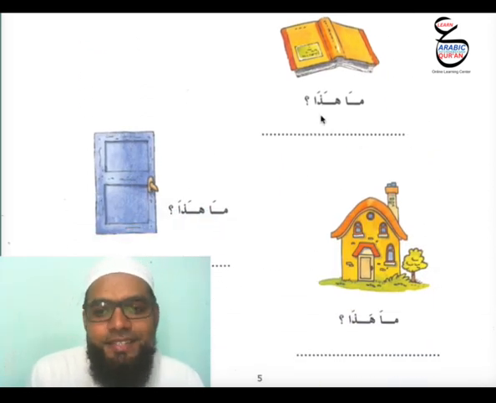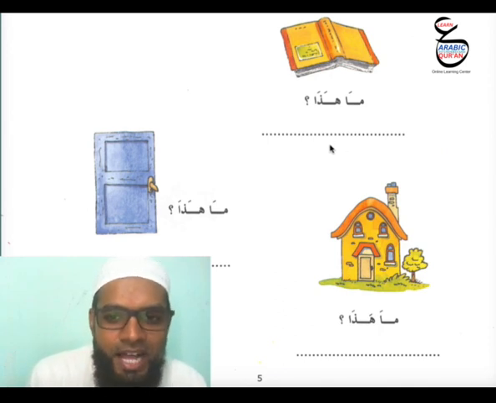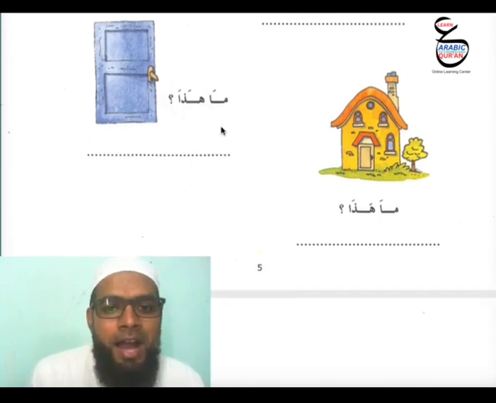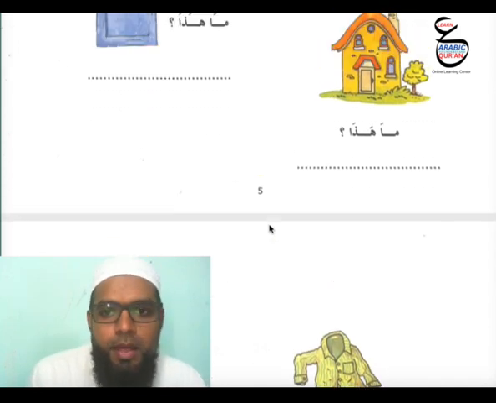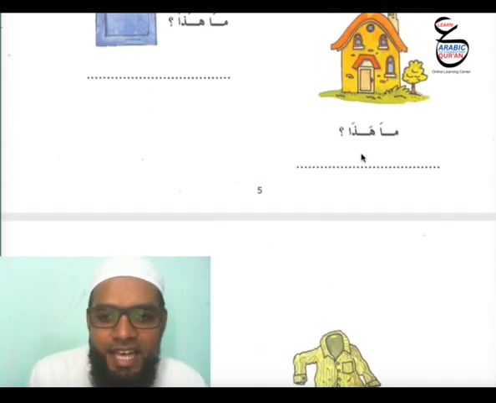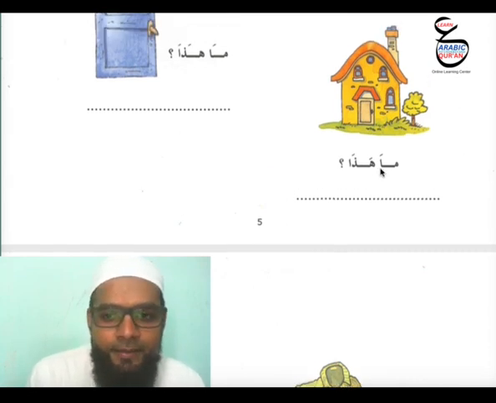What is this? Hada kitâbu-n. This is a book. Ma hada. What is this? Hada babun. Ma hada. Hada baitu-n. This is a house.